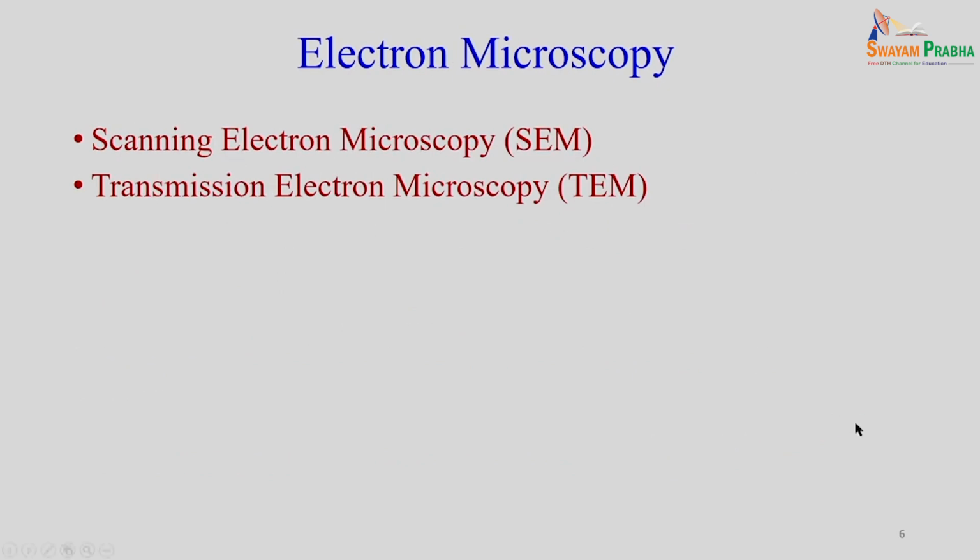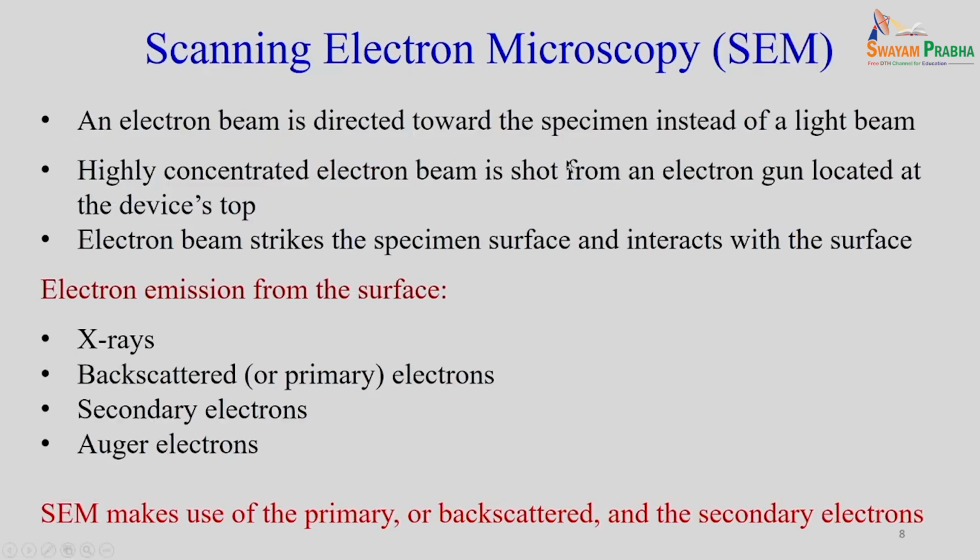Next after optical, this is the electron microscopy. In the electron microscopy, there are 2 common types: one is scanning electron microscopy, SEM, and the second is transmission electron microscopy, TEM. In case of SEM, we are using the electron beam as the energy source, whereas in optical microscopy you use visible light.